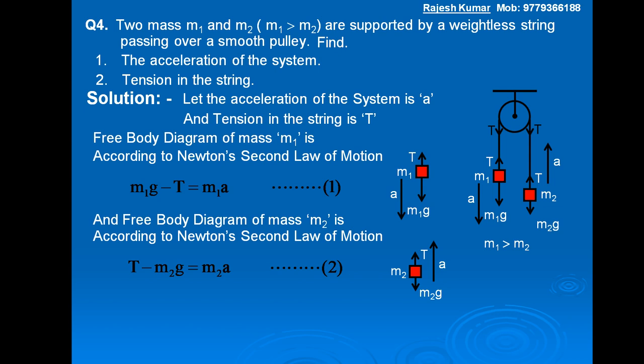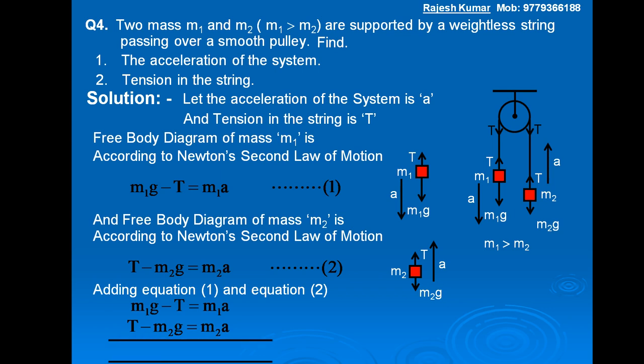Now solving equation 1 and 2, adding equation 1 and equation 2, so we get M1G minus capital T is equal to M1A. Second equation, capital T minus M2G is equal to M2A. Now add them.